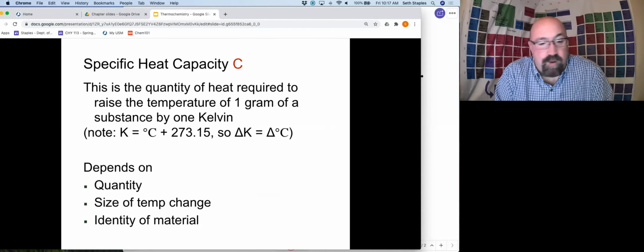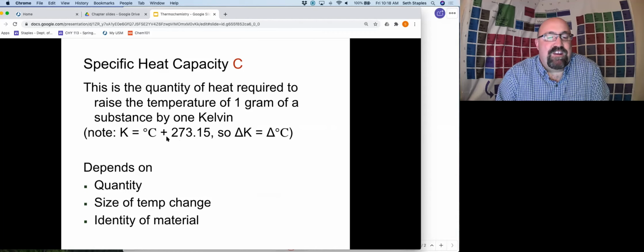We'll talk much more about Kelvin when we talk about gas laws and temperature in a few weeks. For now, we're going to note that to convert from Celsius to Kelvin, we add 273.15.